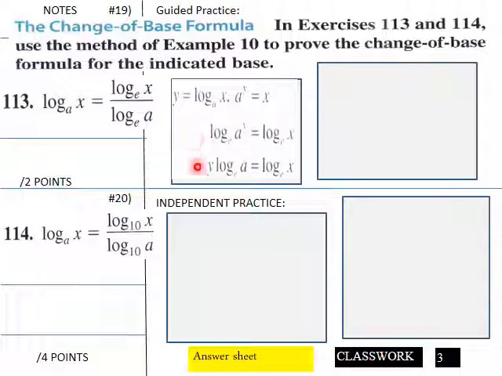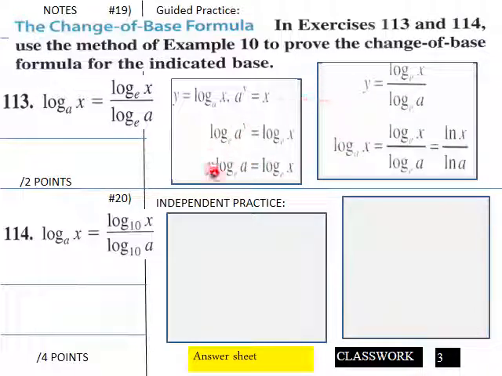Then we bring this down: y times log base e of a equals log base e of x. Then we divide through by log base e of a, and we get y equals log base e of x over log base e of a. Then we plug our value back in: log base a of x equals log base e of x over log base e of a, which you could write as natural log x over natural log a.